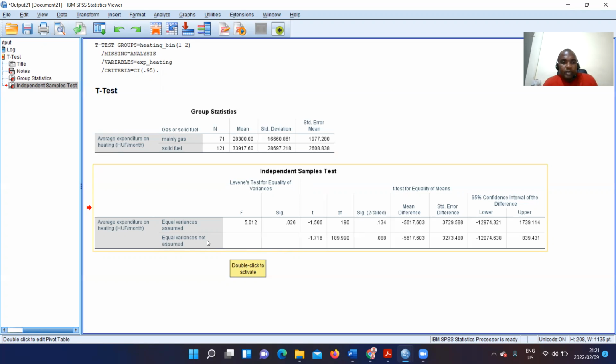So that's the statement that we accept when we reject the null hypothesis for the critical alpha of 5%. So our conclusion is that average expenditure on heating of households, heating with gas or solid fuel, are not equal.